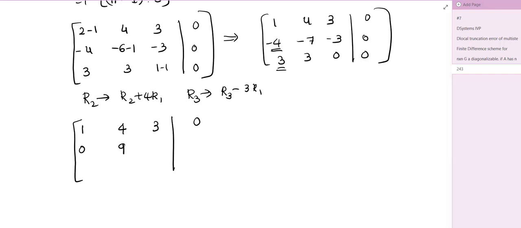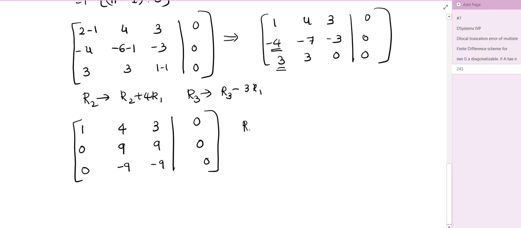Then minus 3 plus 12 is again 9. Then you have here 3 minus 3, that is 0. 3 minus 12 will be minus 9. Then 0 minus 9, so this is 0.